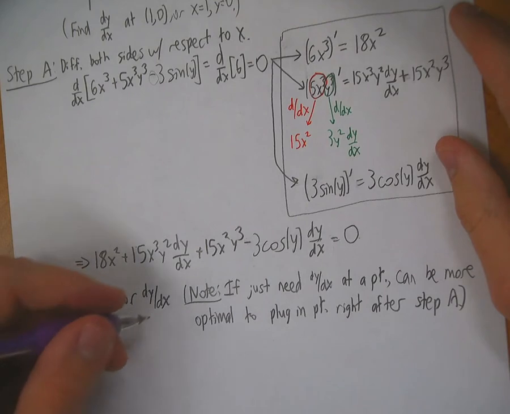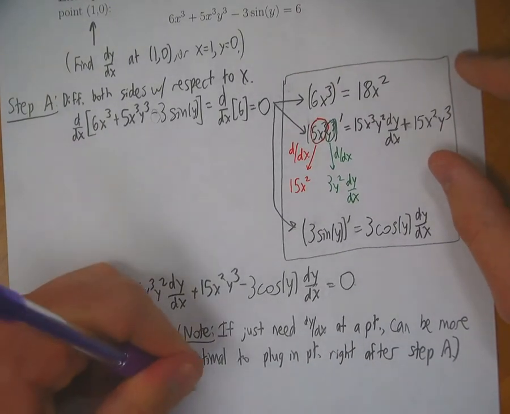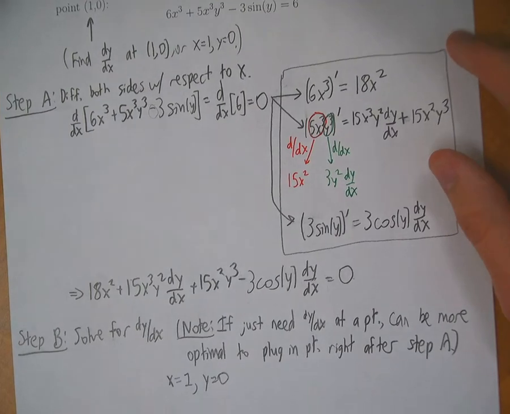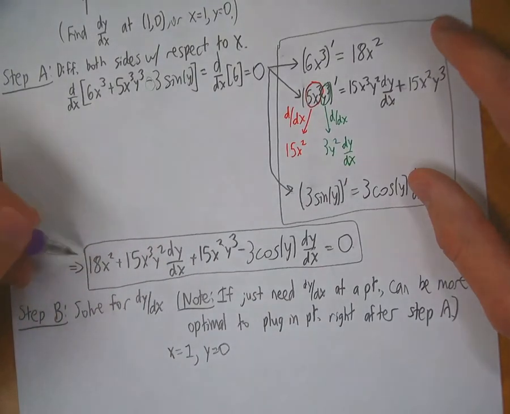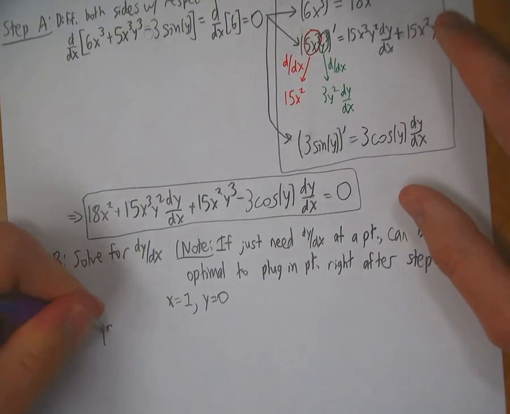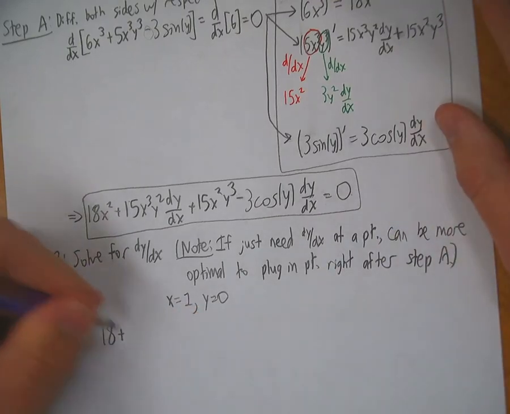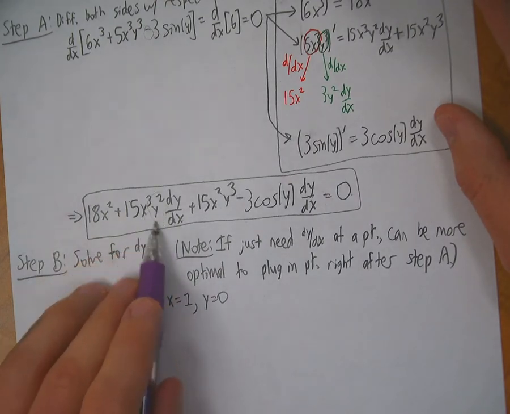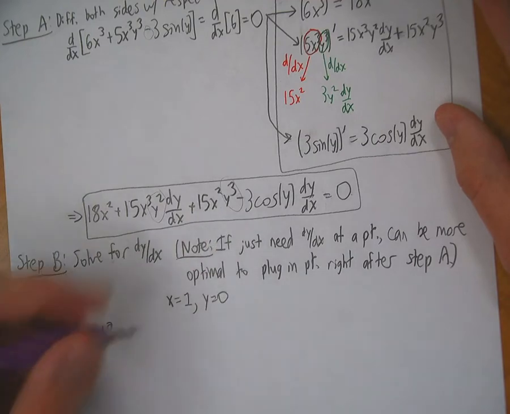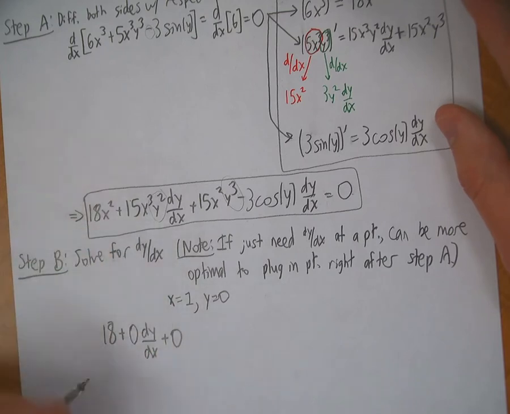So what that means is that we already know that if our point is 1, 0, then we let x equal 1 and y equal 0. So if we take our equation from step A and plug in our points, then we have 18 times 1 squared, so just 18, plus, since y equals 0, because of the 0 factor here and here, we just have 0 times dy dx plus 0 for these middle two terms.